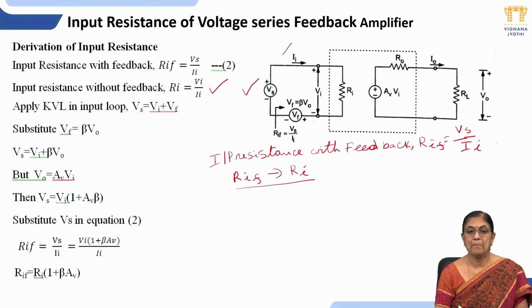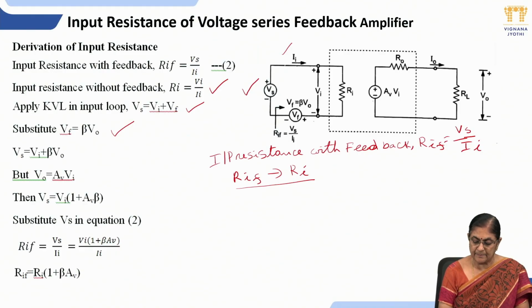So now you can apply KVL in the input loop. You will get Vs is equals to Vi plus Vf. But Vf is equals to beta V0. By substituting Vf in the above expression, Vs is equals to Vi plus beta V0.